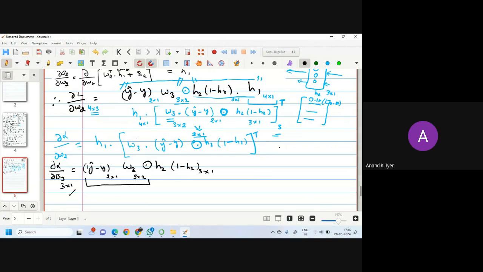So how will we make this W3? It will be W3 times y minus y hat, into H2 and 1 minus H2. So here there is no transpose, because the H2 term we are not using again, and the H1 term we are not using.